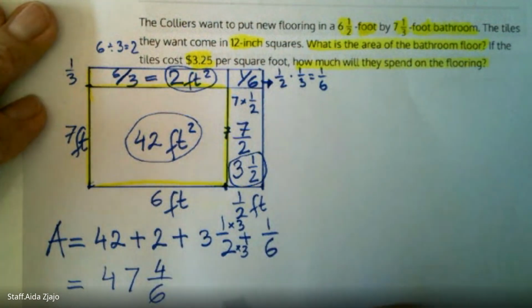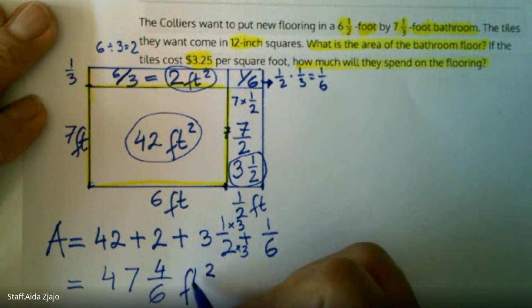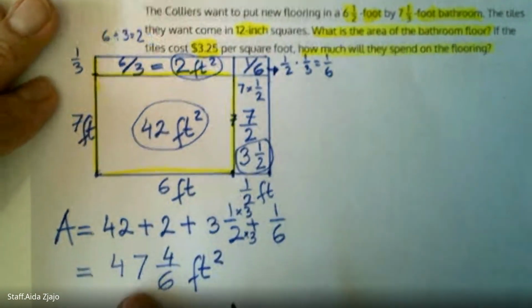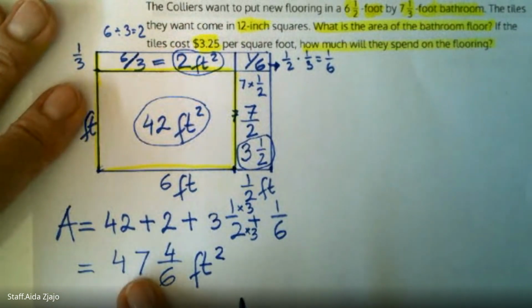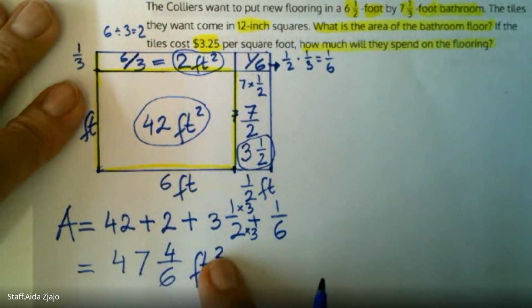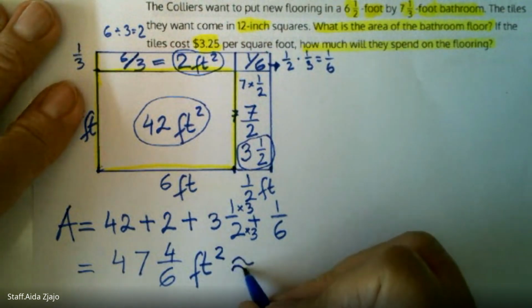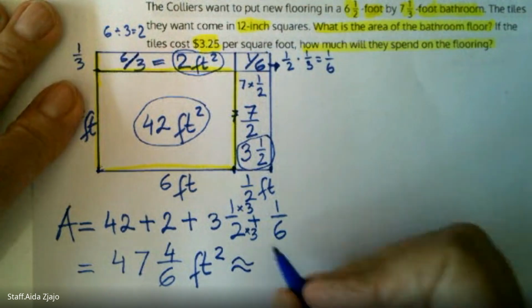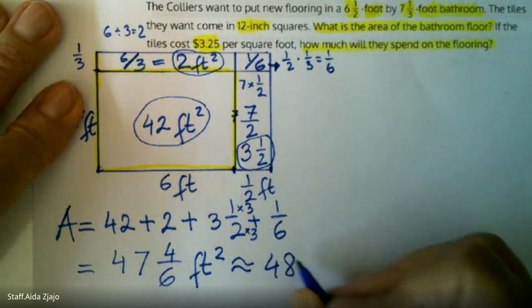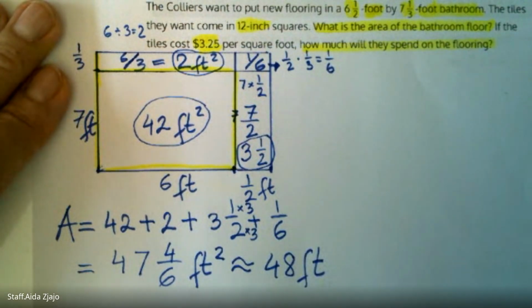So the whole area is exactly 47 and 4/6 square feet. But we can estimate that it is about 48 square feet.